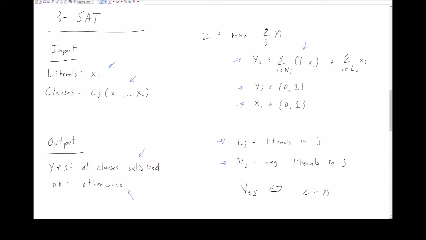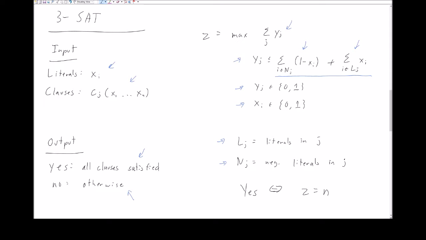For the literals that aren't negated, we sum over all of them without any sort of subtraction. In total, if this quantity is greater than or equal to 1, we know that one of the literals inside of the clause j is set to true, and so we set the value of yj to true. Because this is a maximization problem, we'll take the largest value of yj we can, which, if one of the literals is true, is equal to 1.